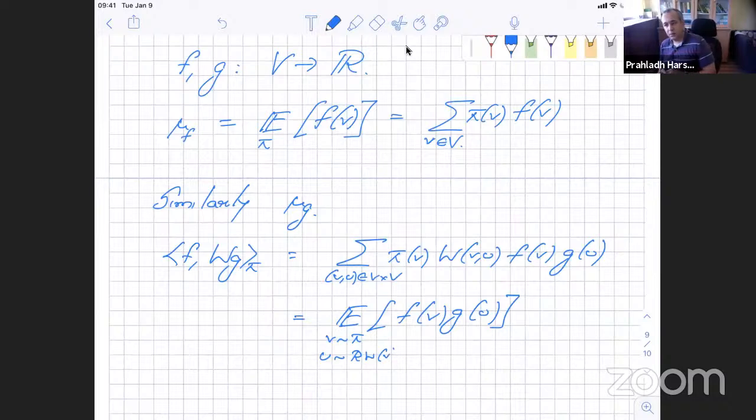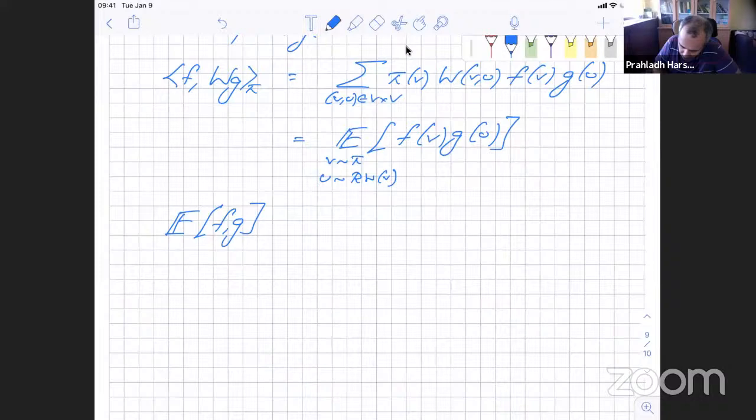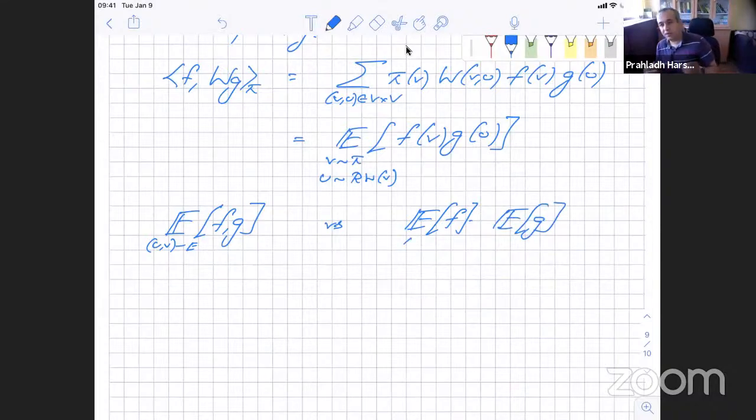What I would like to compare is this quantity, the expected fg when I take uv to be an edge, versus the expectation of f times the expectation of g.